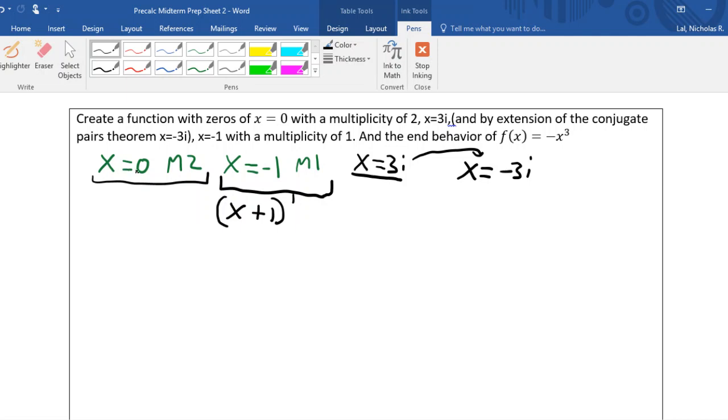If your 0 is x equals 0, then your factor is x minus 0 squared, because that's multiplicity 2. But then x minus 0 just simplifies to x. So we have a factor of x squared, x plus 1 to the first.